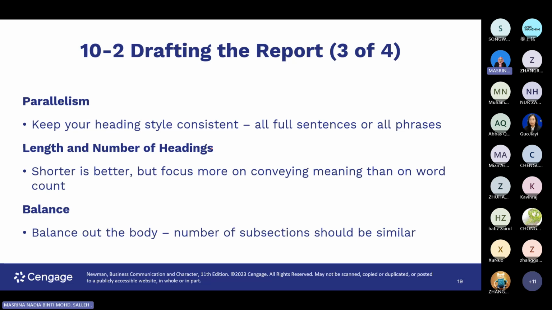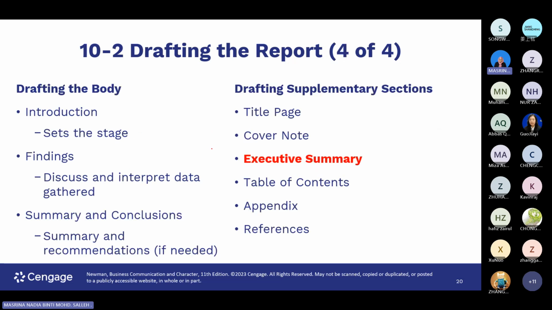You have to be familiar with Microsoft Word; there are a lot of features you can use to ensure your heading styles are consistent. Shorter is better. Make sure you have subsections, and note the number of your subsections in the report.